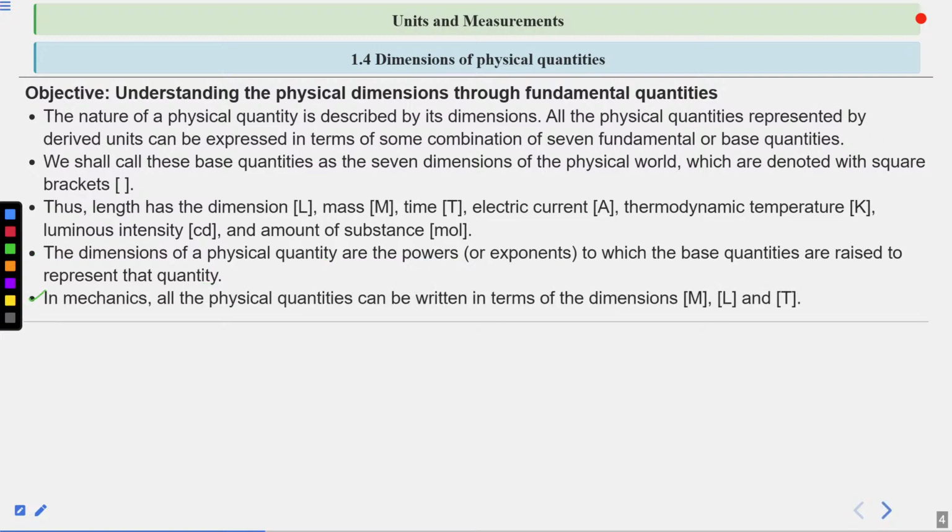In mechanics, all the physical quantities can be written in terms of the dimensions of mass, length and time. It means if we want to calculate the dimensional formula of any physical quantity, we will use the dimensions M, L, T with square brackets. This is the representation.